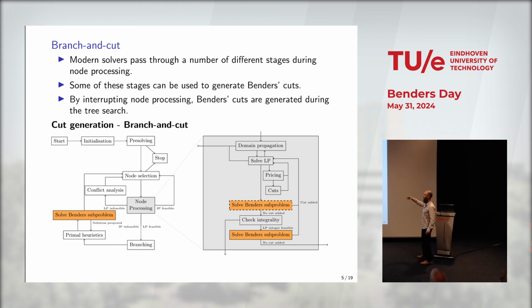You can also do it throughout the tree. I've tested it out a few times. It never really works very well, but you can generate cuts from LP solutions during the tree search. I've always been curious whether you could generate more LP cuts during the tree search, but I've never been able to find a good strategy at this point.